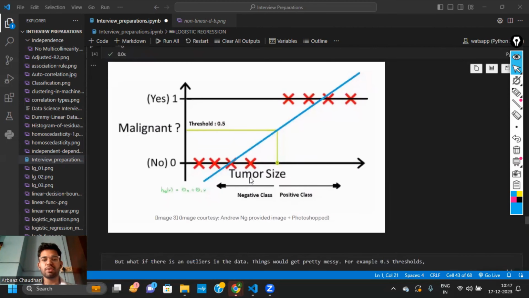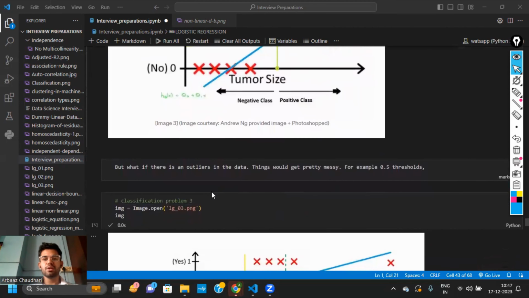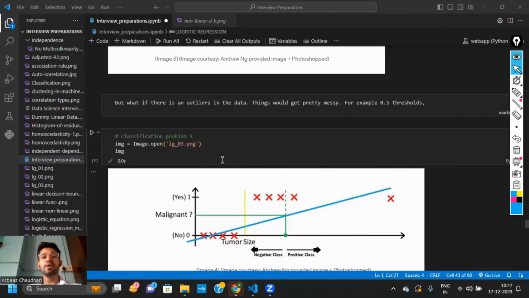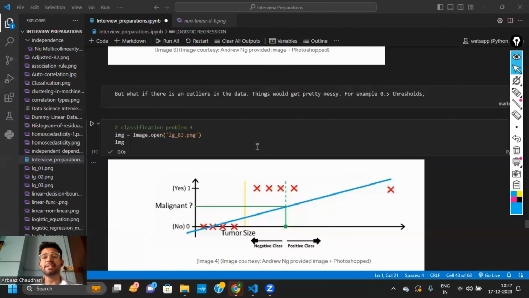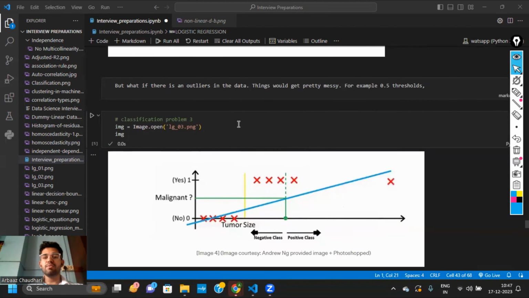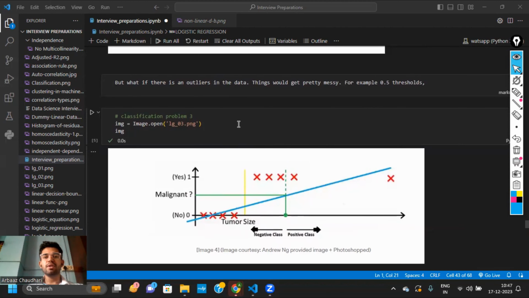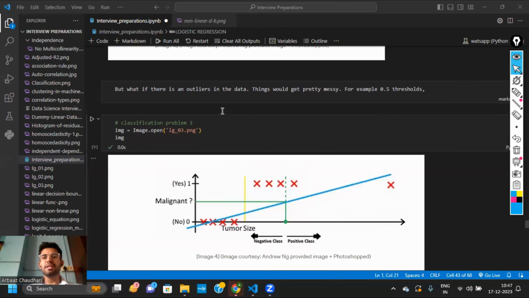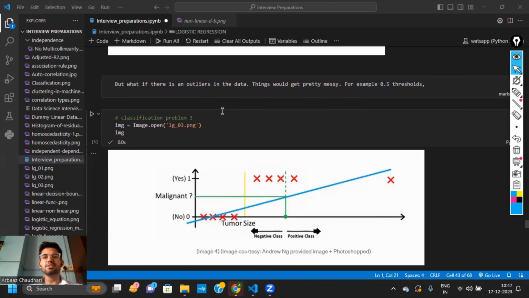But the problem starts when the data is not clean or it is noisy. When we get noisy data or have outliers in our data set, linear regression can't perform classification properly. Its accuracy goes down very badly and it is not working properly.